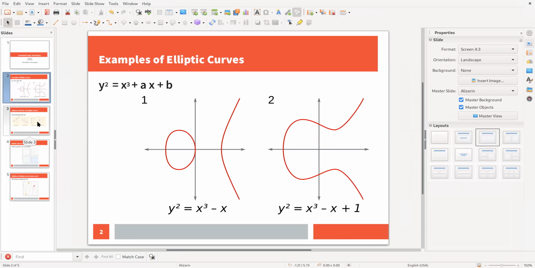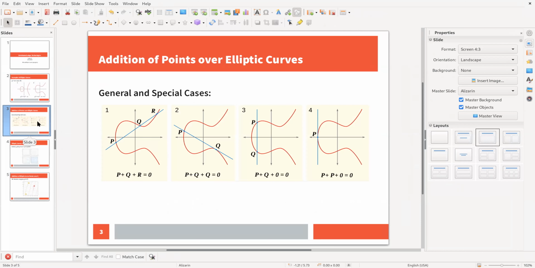Now a very important notion. We will define so-called addition of points over an elliptic curve. So basically the idea is the following.